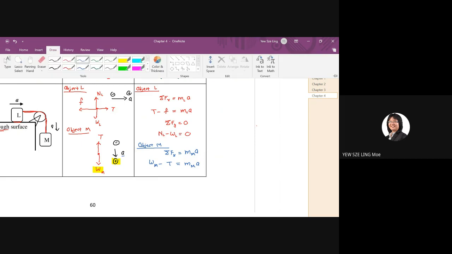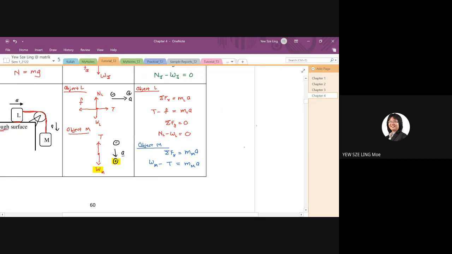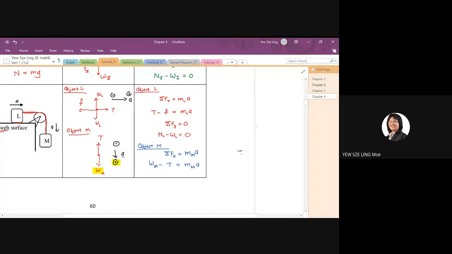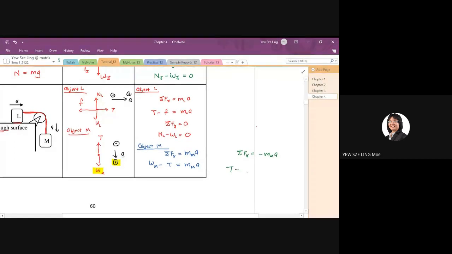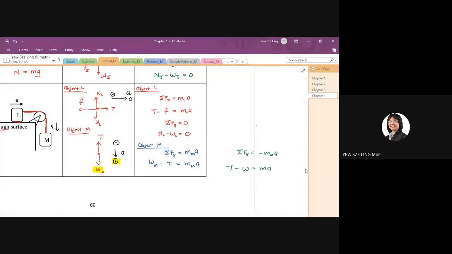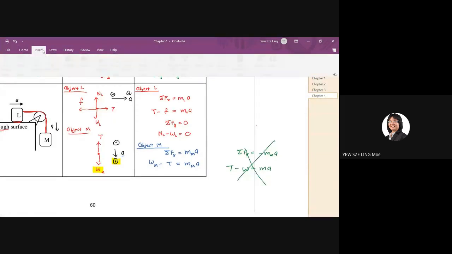Some of the books say that because A is going downwards, they use summation Fy equals negative MM A. For me, I don't like to use negative equations because it will make students confused about when to put negative and when not to. If you use negative equations, then the equation will become T minus W equals MA. But I don't like this one because it's very confusing. So what am I doing?